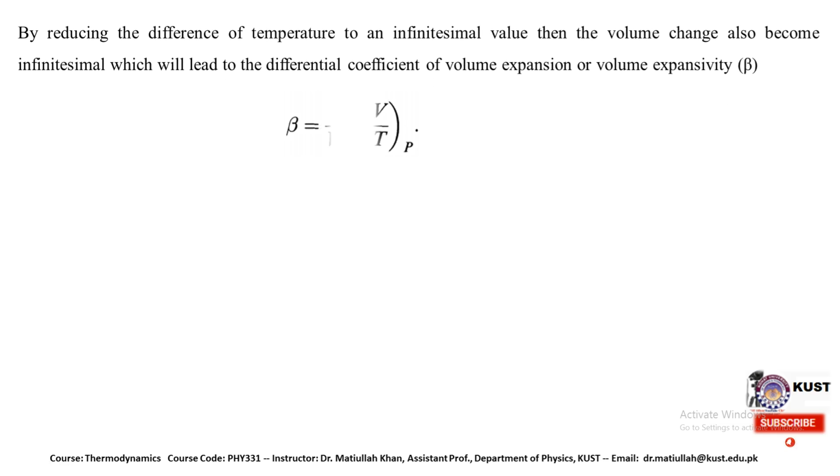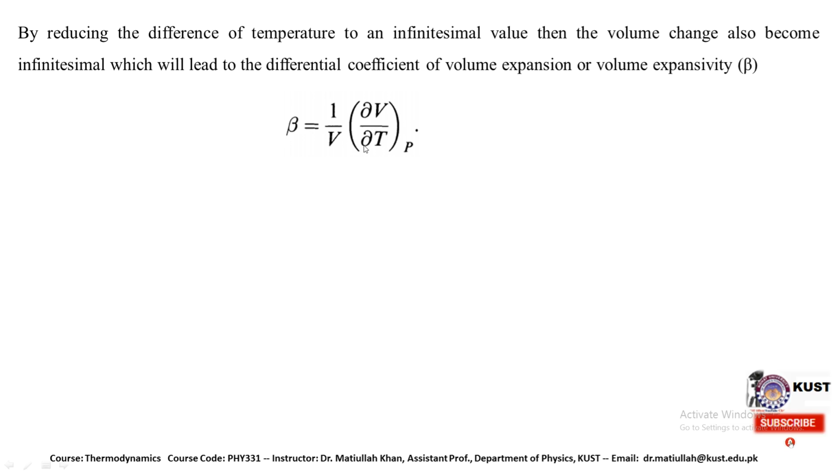So when we reduce the difference of temperature, it will have an infinitesimal change. Similarly, if there is an infinitesimal change in the temperature, then the resulting change in the volume will also be infinitesimal, and that will lead to the infinitesimal differential coefficient of the volume expansion, which can also be represented by volume expansivity, called beta.